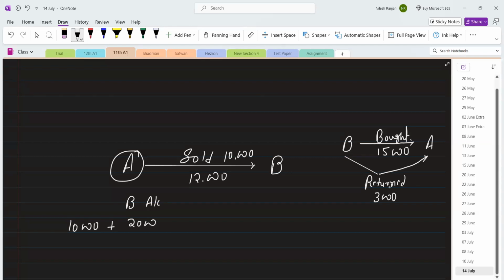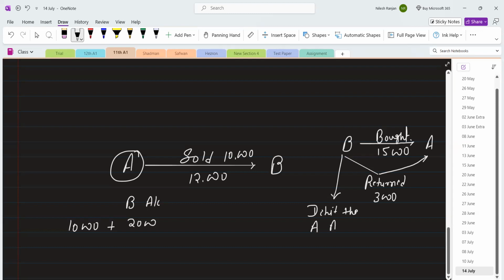So in this case, B will debit the A account by 3,000. Means now B will pay only 12,000. So he is reducing the amount payable to A. In this case, B will issue debit note to A.